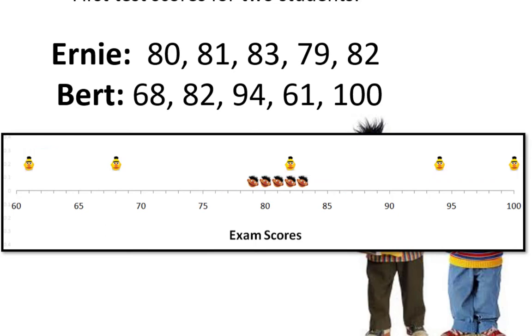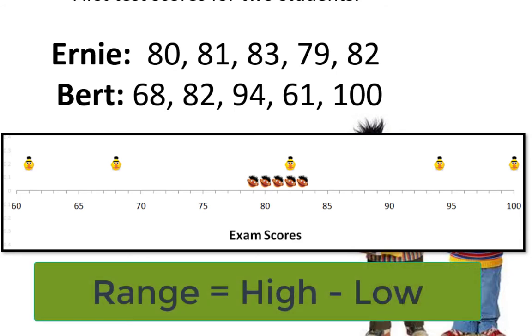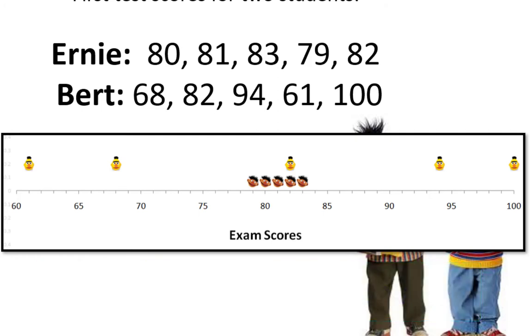One of the most straightforward measures of variability is called the range. It's got a really agreeable formula. You take the high value and subtract the low value, and that gives a distance of how far apart the data is. So for example, for Ernie, his high value is 83 and his low value is 79.